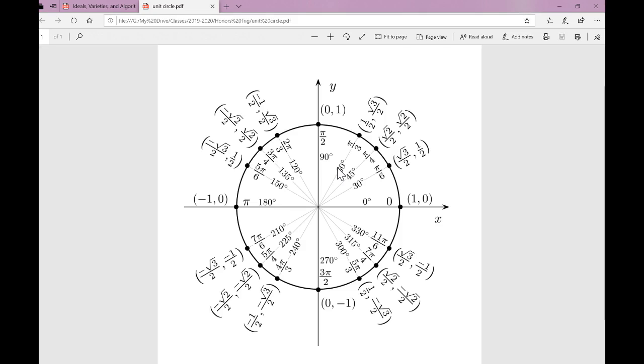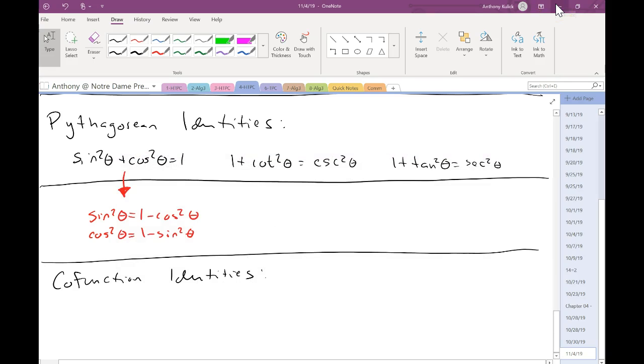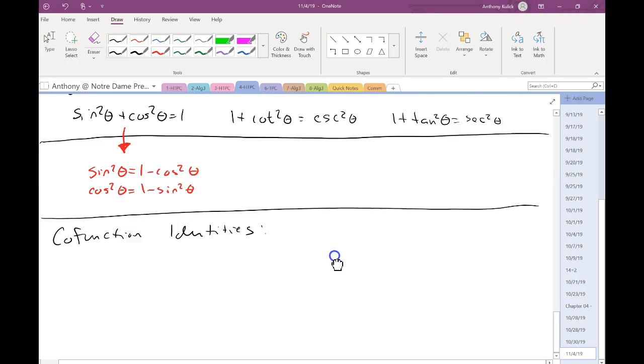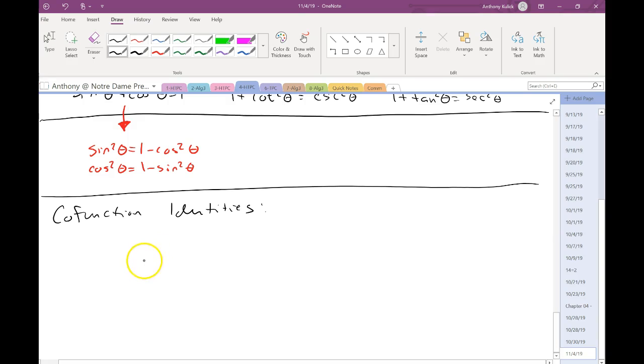In that sine of theta is equal to cosine of the complement of theta. Like what we saw up there, that sine of 30 is equal to the cosine of 60, which is the complement of 30. So that's going to be our next set of identities. The way we're going to write those is we're going to write them in radians. So instead of writing 90, we're going to write pi over 2.